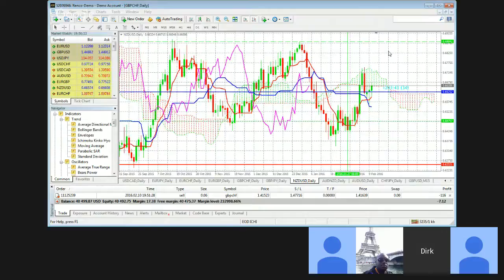Okay, this one, we've got the price moving into the cloud. So what is that telling us? Consolidation. Okay. Also, we are seeing that the Tenkan has crossed the Kijun upwards, but from a bearish point. So it's a weak buy signal.